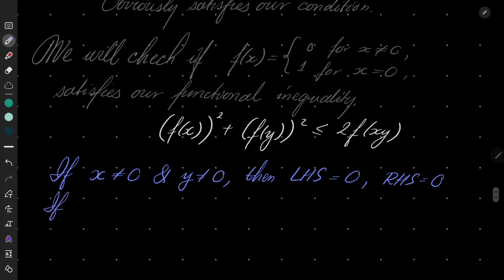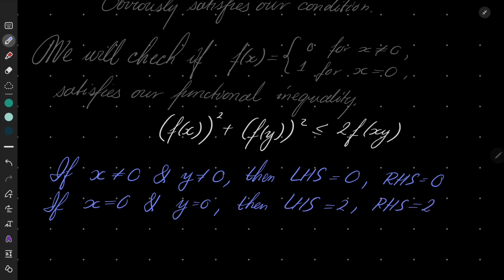So let's try what happens if both x and y are 0. If both x and y are 0, then the left hand side will be 1 plus 1, which is 2, and the right hand side will be 2 as well, because the product 0 times 0 is 0, and f of 0 is 1.